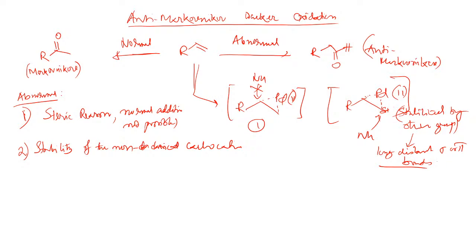So in the class we already discussed that if you have this diol and they also have an alcohol, this is MPM, and this one gives the Markovnikov product.